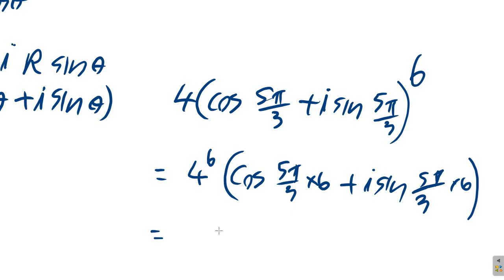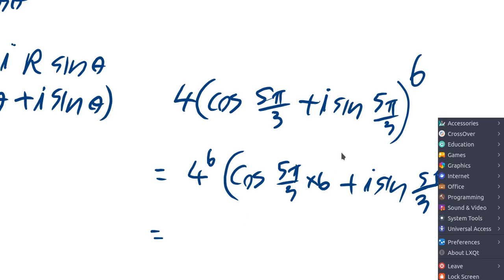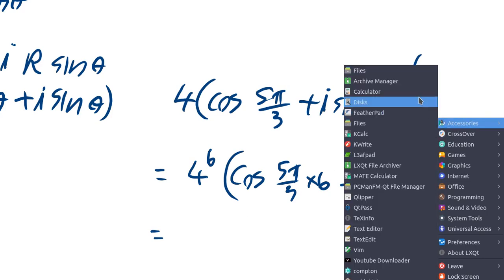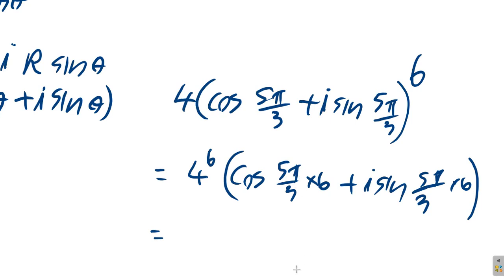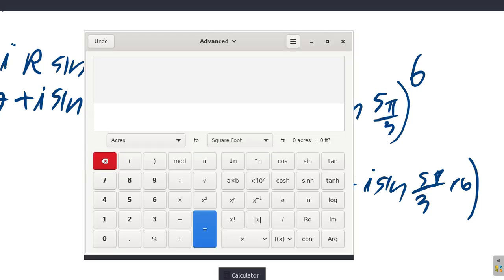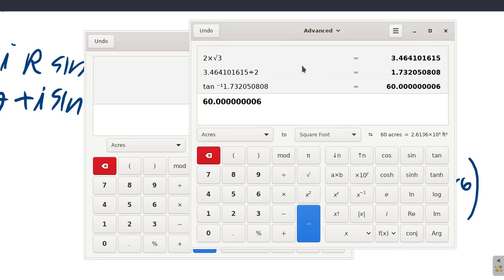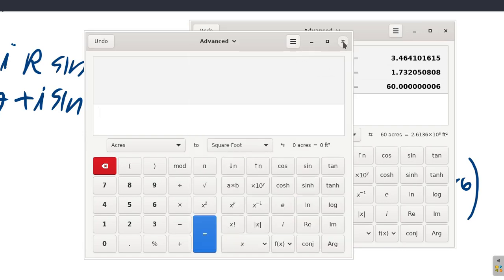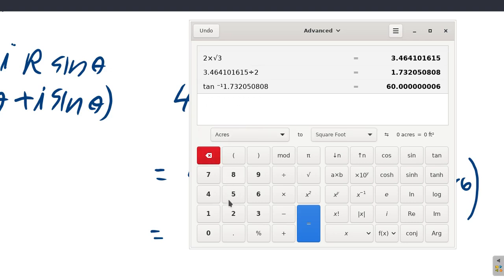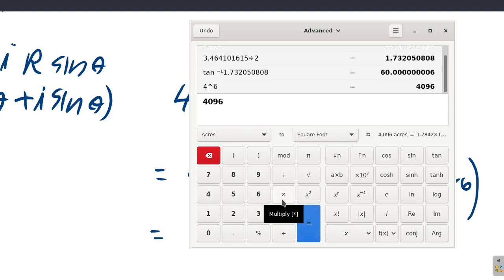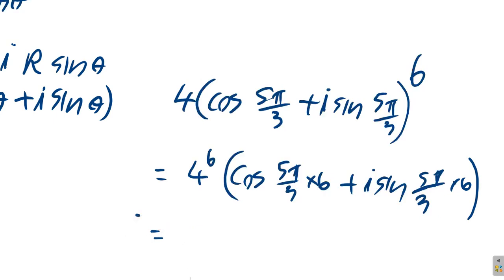So what is 4 raised to the power of 6? I have 2 calculators here. I just need one. 4 to the power of 6 equals 4096. So we have 4096.